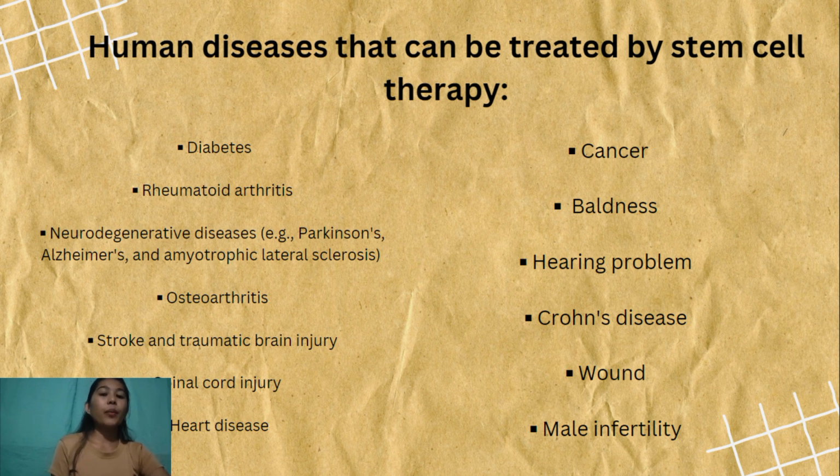And for hearing problems, stem cells can help fix the tiny cells in the ear that are needed for hearing, potentially restoring hearing. Okay, when it comes to Crohn's disease, stem cells can also help reduce gut inflammation, and they also repair the damaged tissues in people with Crohn's disease, improving the symptoms.